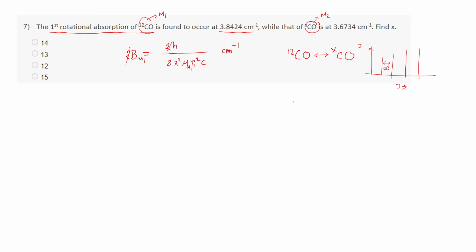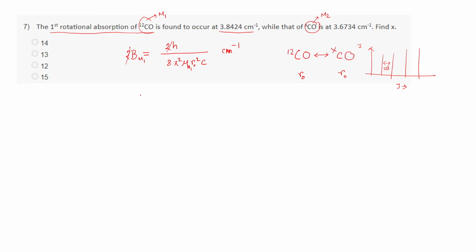Actually, for mathematical reasons, for easy calculation, we are going to take R0 to be the same for both 12CO and XCO. Okay, let us do that then.